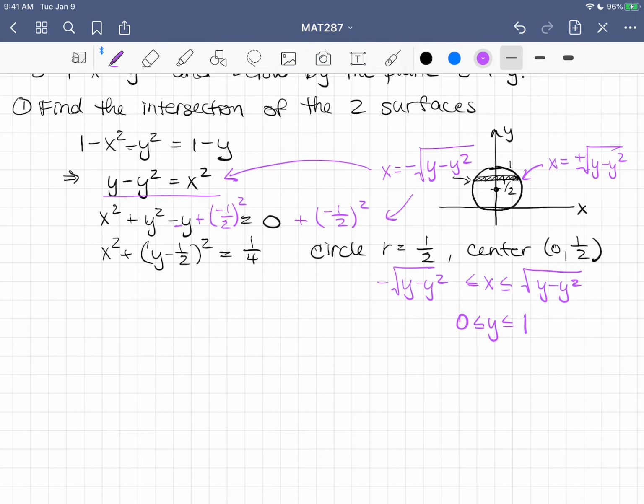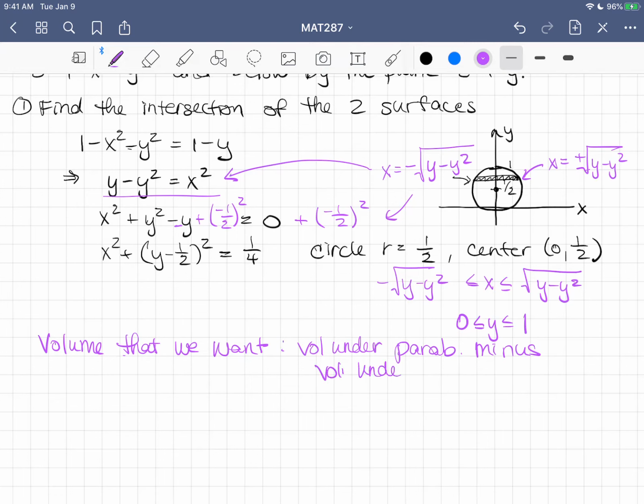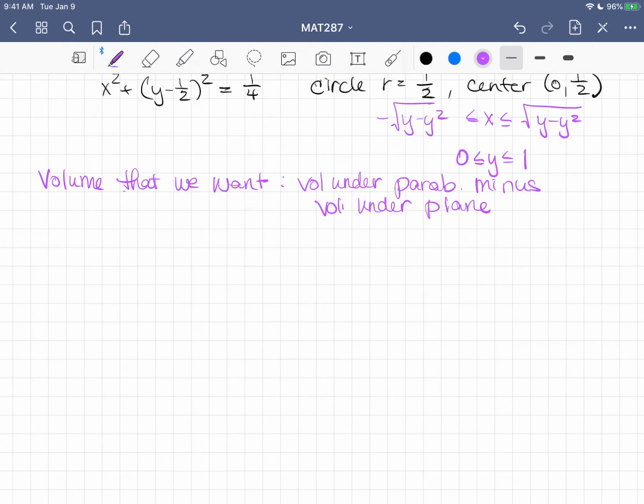All right, now the volume that we want is going to be the volume under the paraboloid minus the volume under the plane. Okay, so I'm going to set up two separate integrals for each of those volumes, and then we'll subtract them.